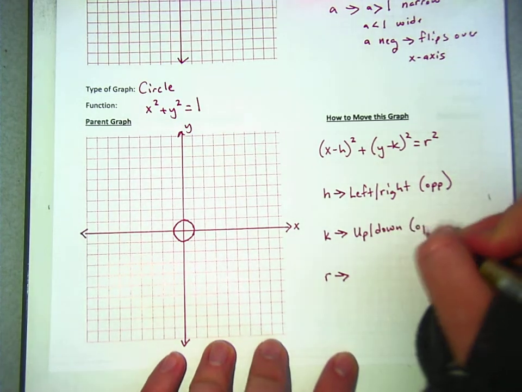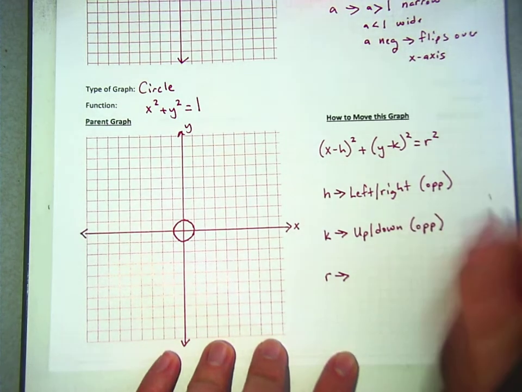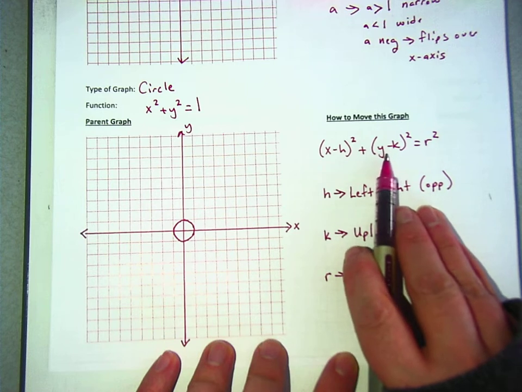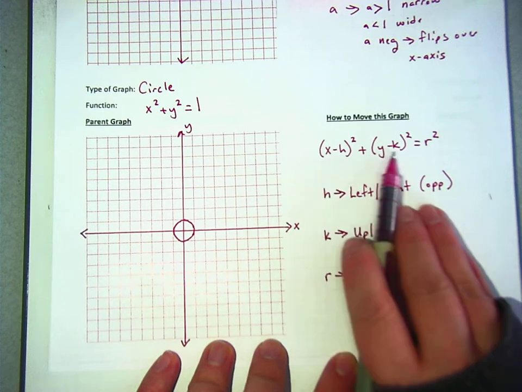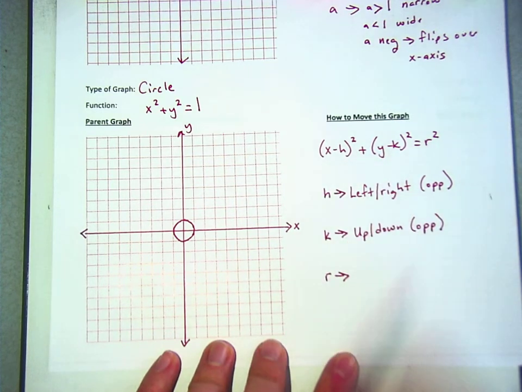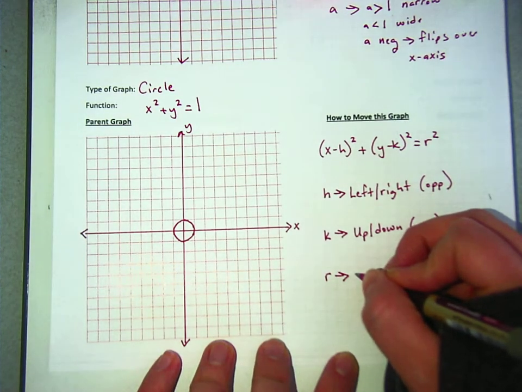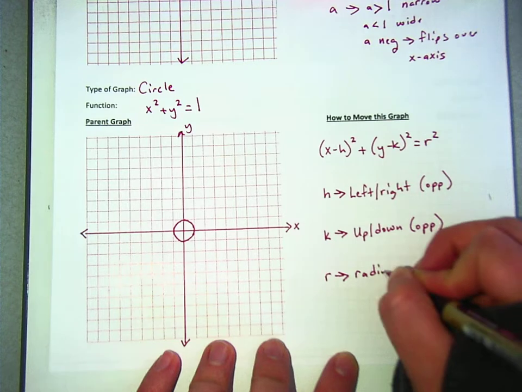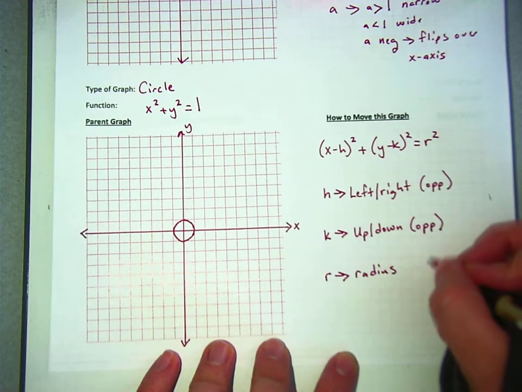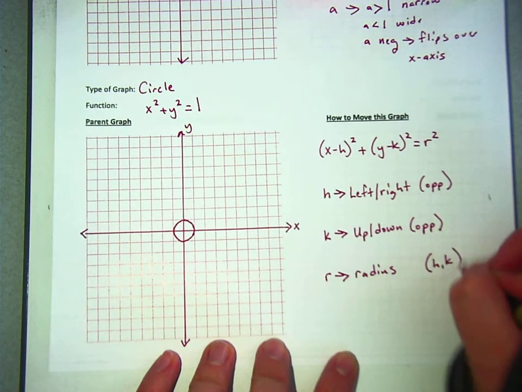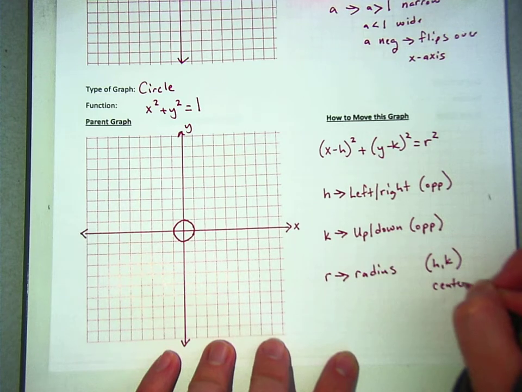Can you guys see why? See the minus right there? That y minus k? Just like this one's an x minus h. Both opposite of what we think. And r stands for radius. So essentially hk is the center of the circle.